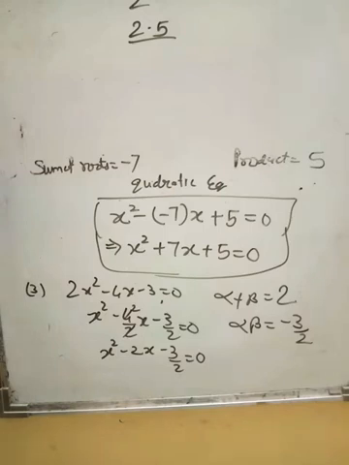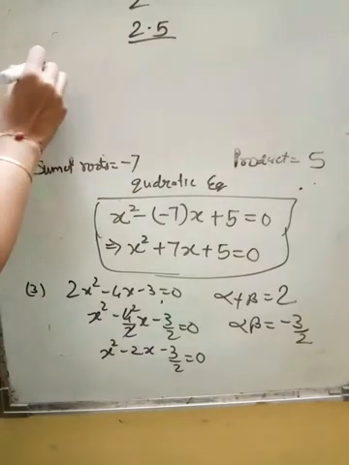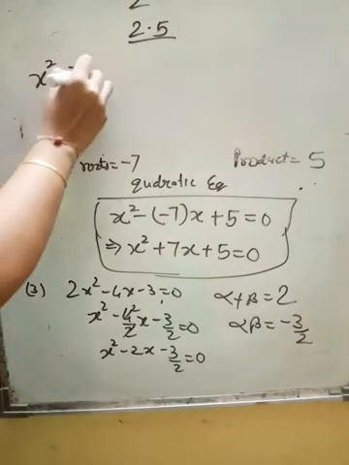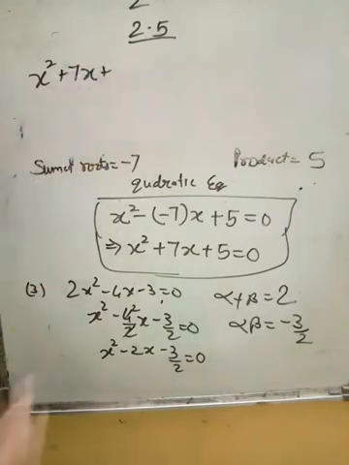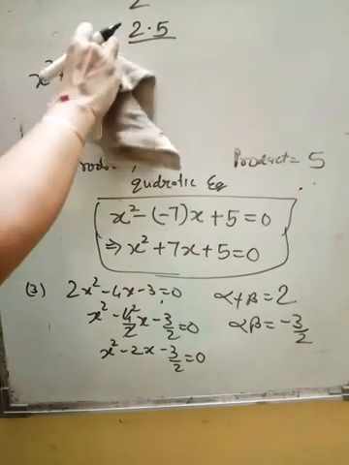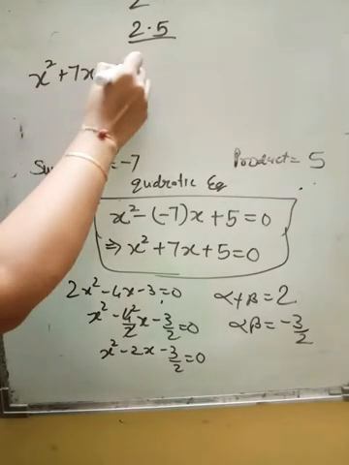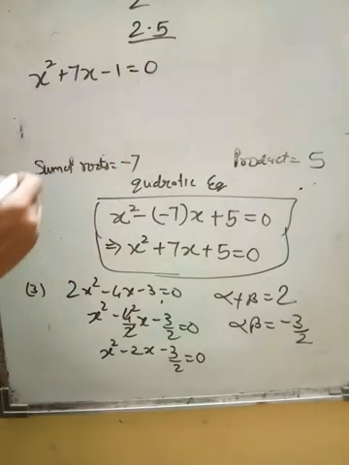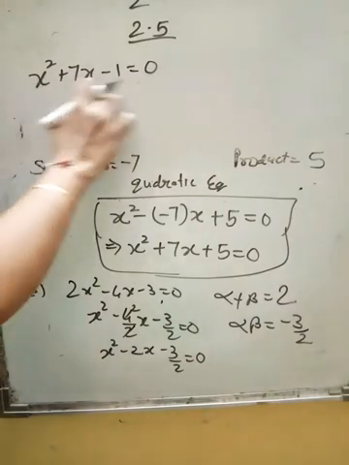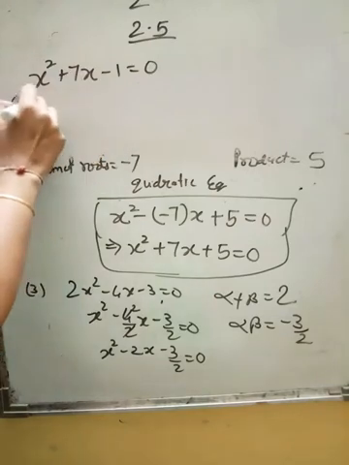See children, all these questions you are going to write down in standard form, then only you will be able to get it. So you have x square plus 7x minus 1 equal to 0. Correct? Is it in standard form? So what do you write down?